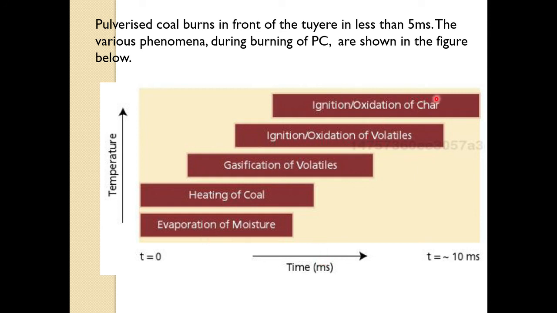All these things have to happen or finish within 5 milliseconds. So, it is very critical that it should have a proper size, proper hardness and other properties. We have discussed a few of the properties during coal selection, and the same sort of properties apply here.